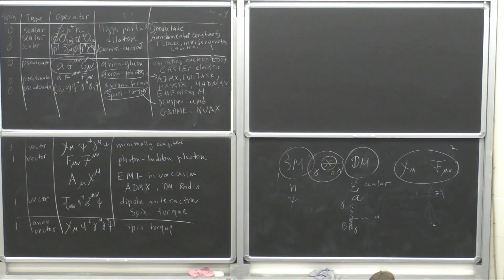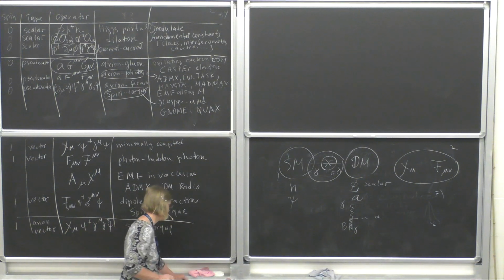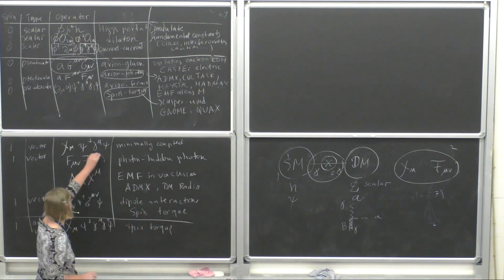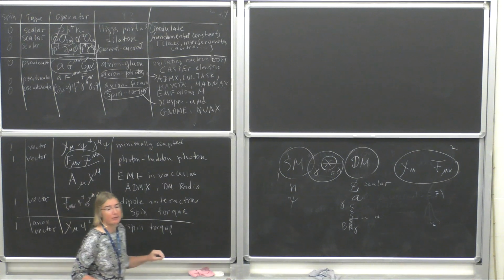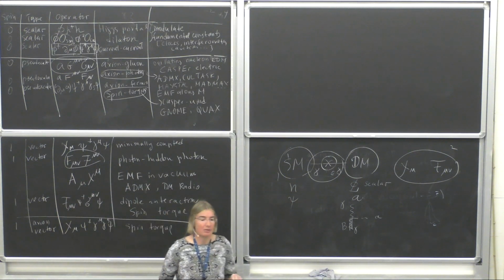Well, that is a good question. As I said, we wrote all of these things down. Generally people look at things like this, but in principle this is not an impossible coupling either. The general rule for all of those is that you transform them exactly the same way you transform standard model fields.